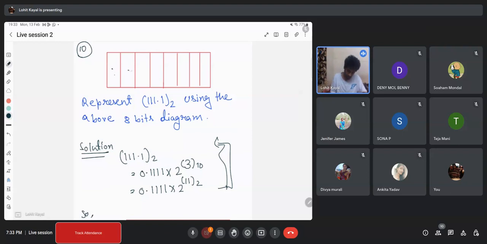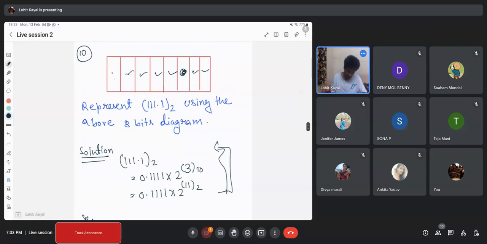Then these four will be the part of the mantissa. This will be the sign of the exponent. If the sign of the exponent is negative, then it will be 1. If it is positive, then it will be 0. And these two are reserved for the expression of the exponent. All right, let me use a different color.